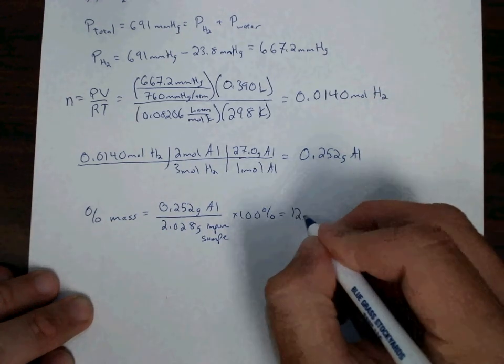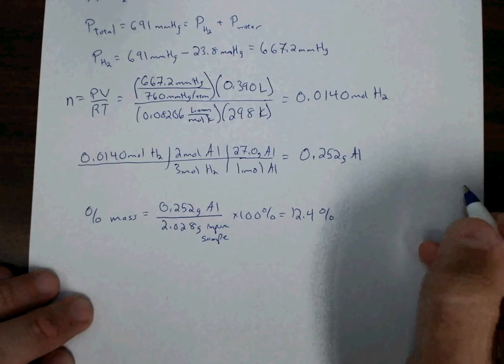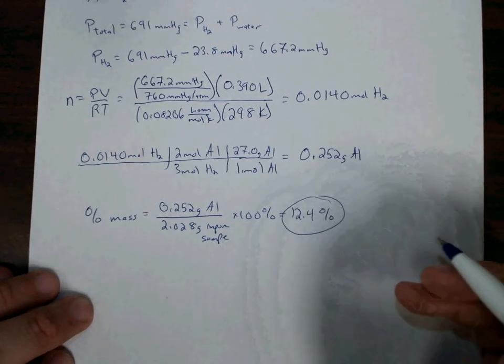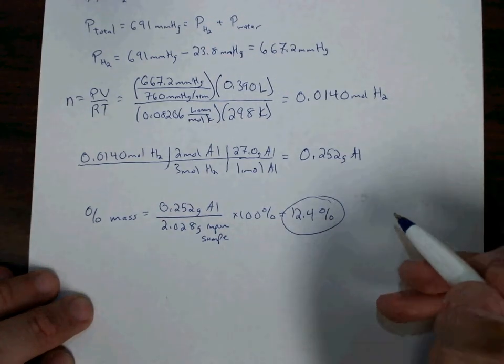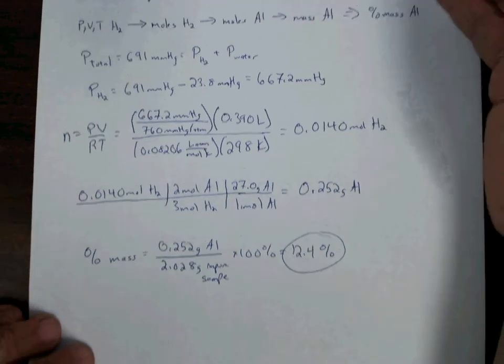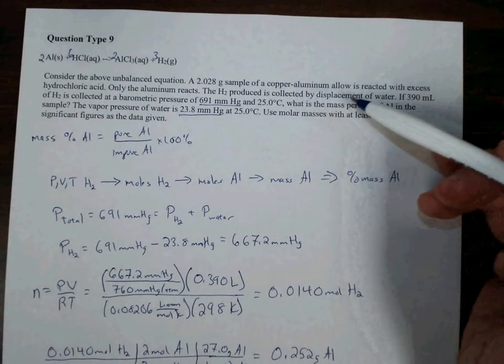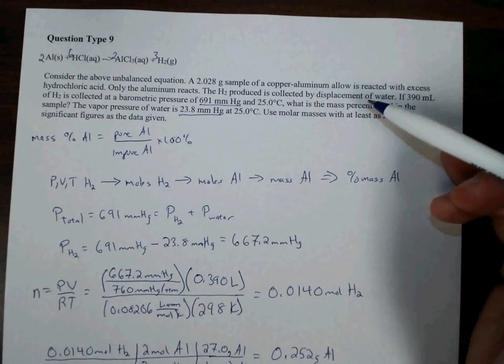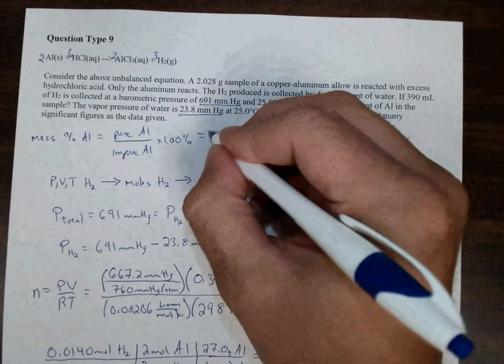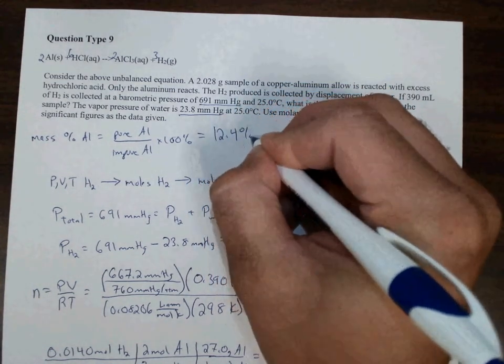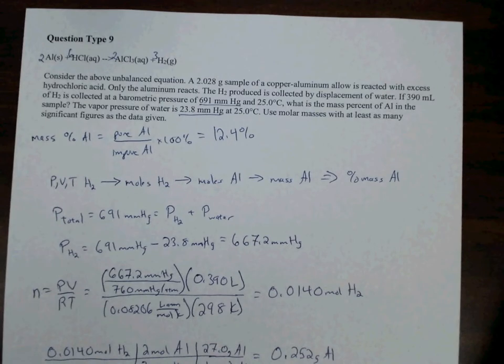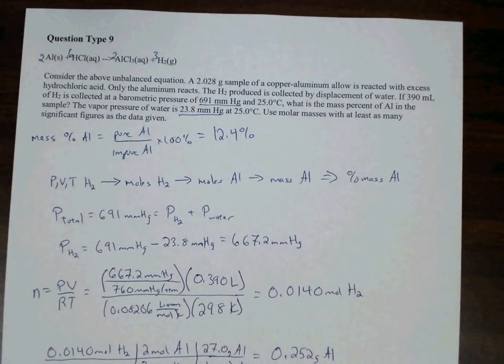Plug this into your handy dandy calculator, you get 12.4%. So this is the number that we have to put in for our answer based on all of this information up here. The gist of it comes down to be 12.4%. Alright, let me know if you have any problems.